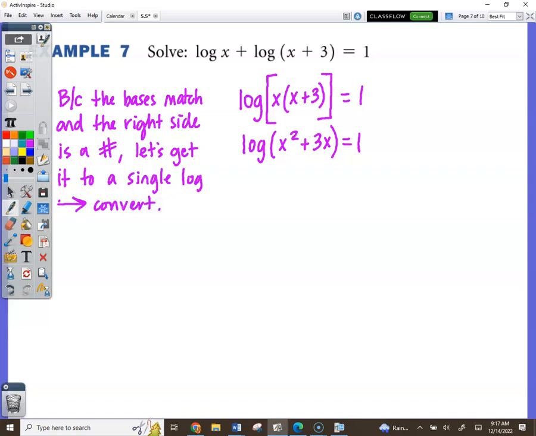Okay? So that's the goal. When the bases match, you can write it as a single log, and because we have just a number on the other side, that means we could actually do a conversion here.